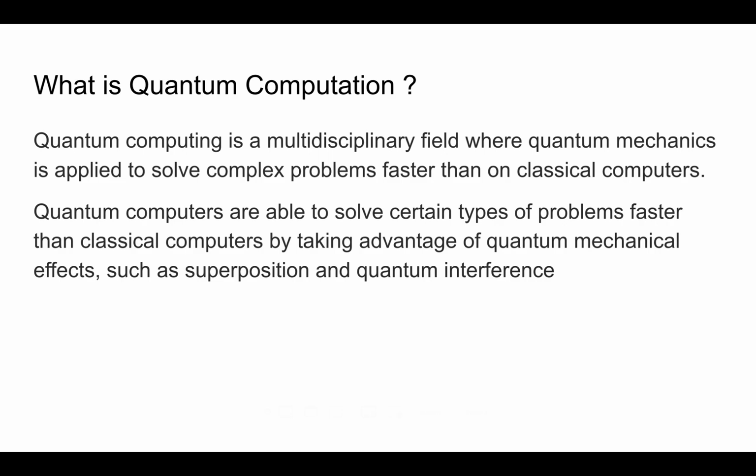Quantum computers make use of many fascinating concepts such as superposition, quantum Fourier transform, entanglement, and quantum interference. It's a very fascinating field, but it's still rudimentary because quantum computers are still not fully developed yet.